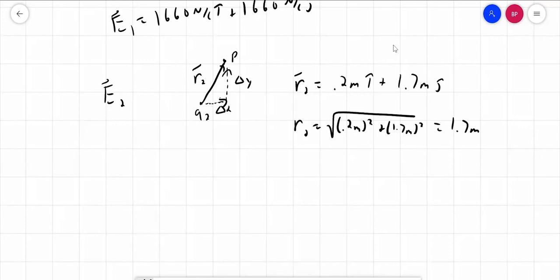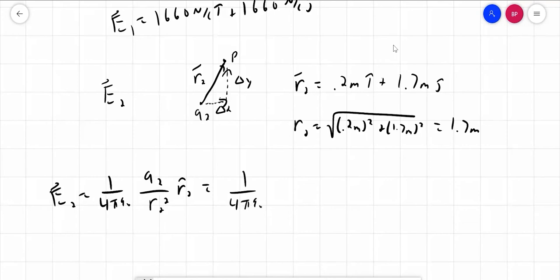Okay, so anyway, our electric field due to charge 2 is 1 over 4 pi epsilon naught times the charge 2 divided by the distance squared times the unit vector. Or if you don't feel like calculating the unit vector, we can just change this to cubed and use the full vector.